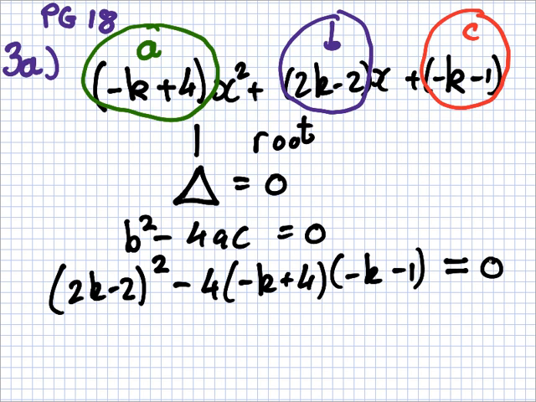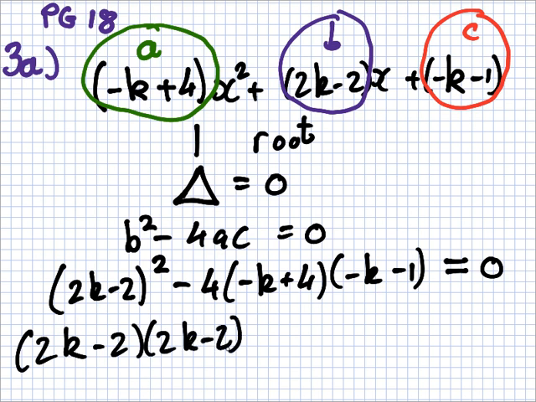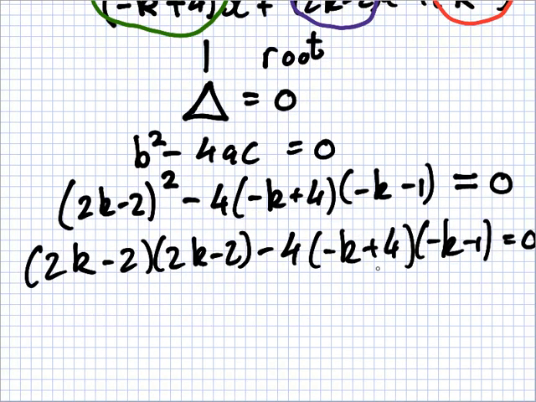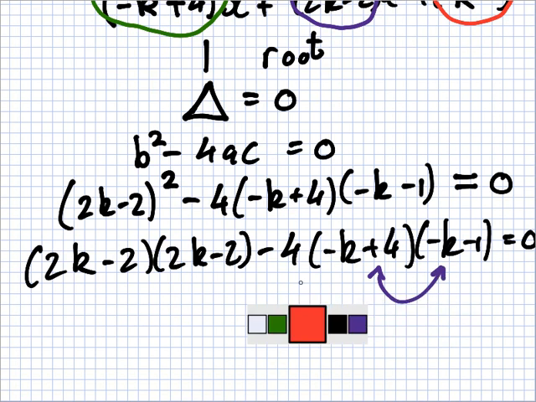Now, this is a square. So just to make it even more clear, because it's a square, you can actually write it like this: 2k minus 2, 2k minus 2. Because that's what square means. So minus 4, minus k plus 4, minus k minus 1. That should equal 0. Now, you tell me, which do you prefer to do? You can multiply these two together first, and then multiply your answer by 4.